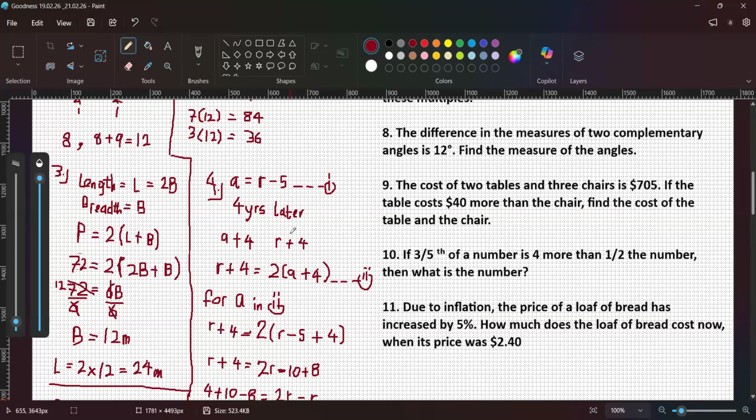So complementary angles, right? Have you come across this term complementary angles before? Yeah, but I can't remember what it is. Complimentary? No, I don't think so.